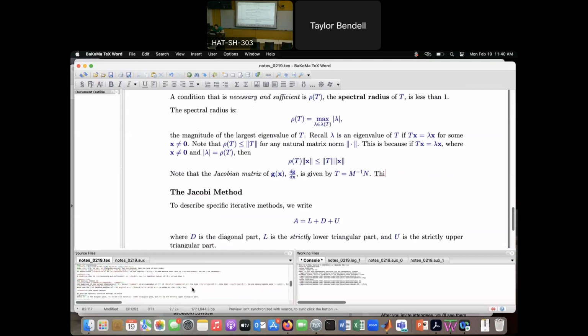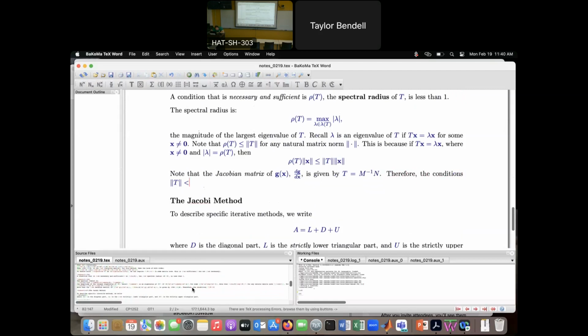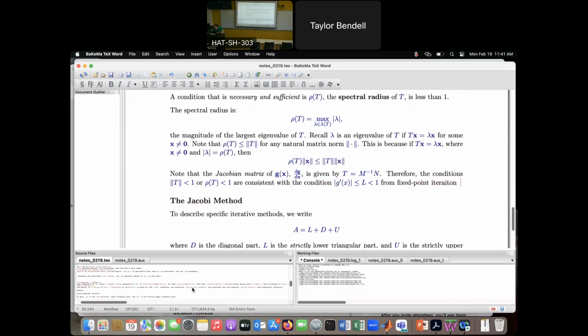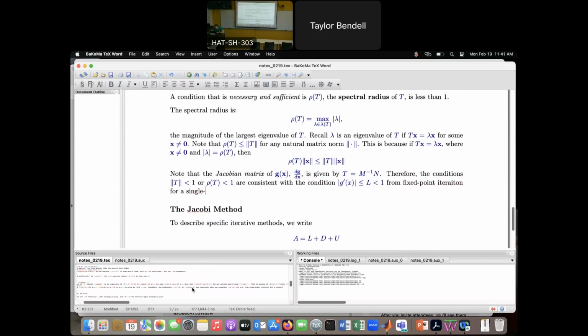Therefore, the conditions that either the norm of T is less than 1 or the spectral radius of T is less than 1 are consistent with the condition that the absolute value of g prime of x is less than or equal to a Lipschitz constant less than 1 for fixed point iteration for a single variable equation. So either way, whatever the derivative of your g is, you want that to be less than 1.